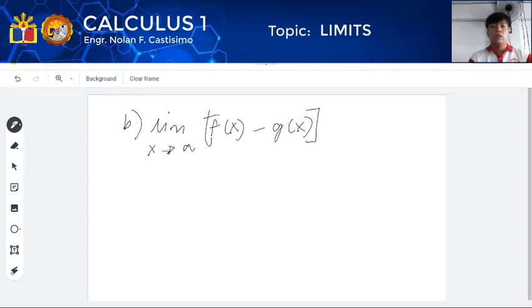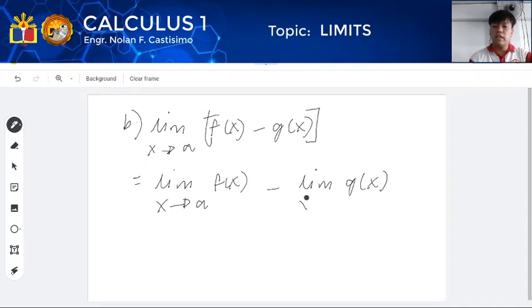Okay, paghiwalayin ulit natin, the limit of f of x as x approaches a minus the limit of g of x as x approaches a.